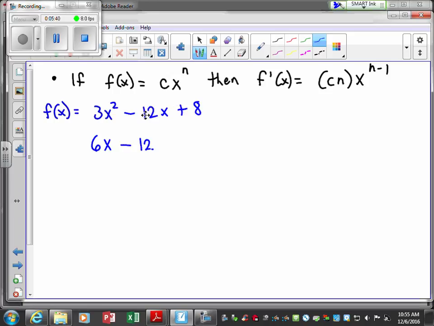So 1 times 12 is 12, and I will have x to the 1 minus 1, which would be 0. Anything to the 0 power is just 1, right? So plus the derivative of a constant is 0. So f prime of x would be 6x minus 12.